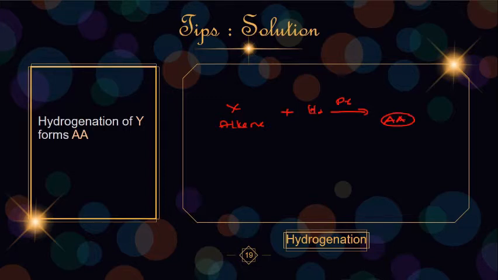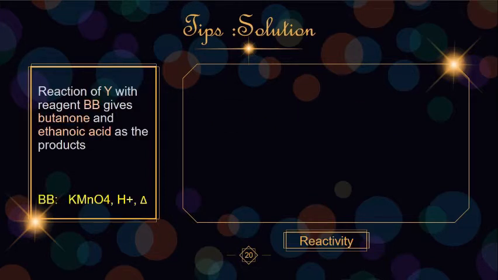But you go for the next one, reaction of Y, which is an alkene, with the reagent BB. You can get here butanone, 1, 2, 3, 4.